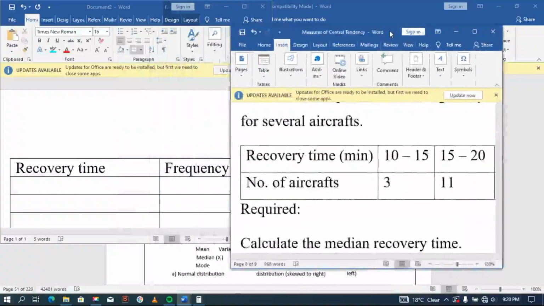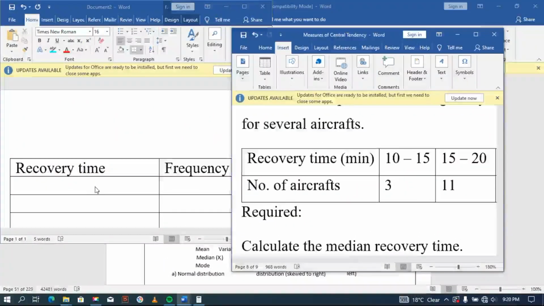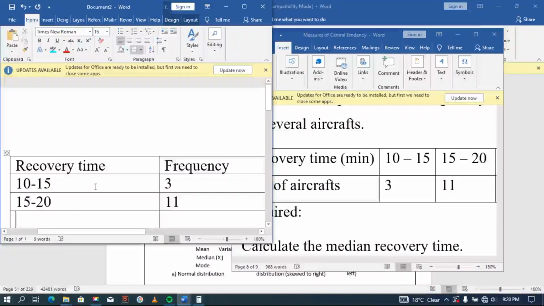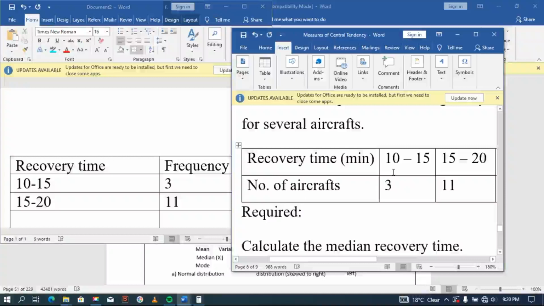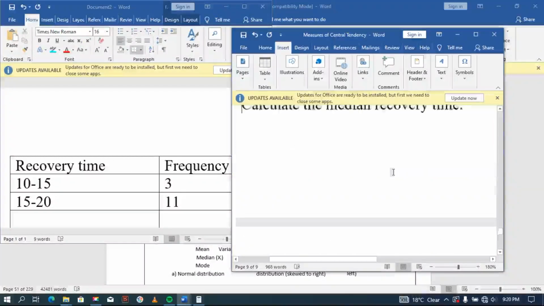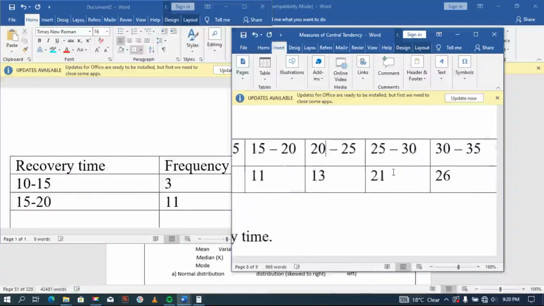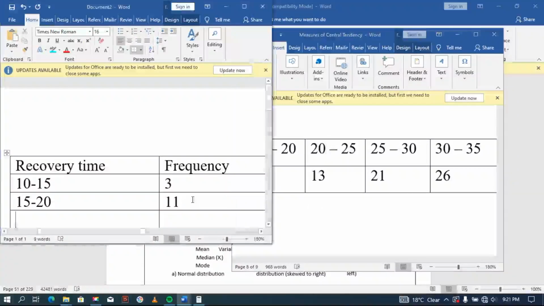So we have recovery time of 10 to 15. Its frequency is 3. Then we have 15 to 20. The frequency is 11. Then we have 20 to 25.